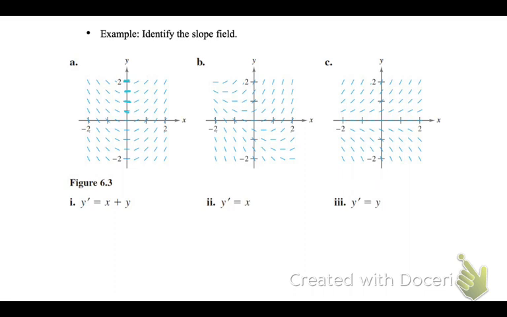So is it that one? No. Because if I had 0, 1 plus 1, I'd have 1. I wouldn't have 0. So it's not A, is it? Okay, so over here, I got y prime equals x, which would be 0, okay? Now on the next one, I've got y prime equals y, which would be 1. Is that a slope of 1?